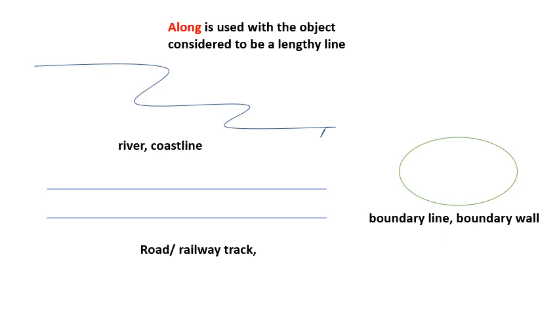So, whenever objects are considered to be lengthy lines, we make use of along. That means we can write along the river, along the coastline, along the road, along the railway track, along the boundary line, along the boundary wall, like this.